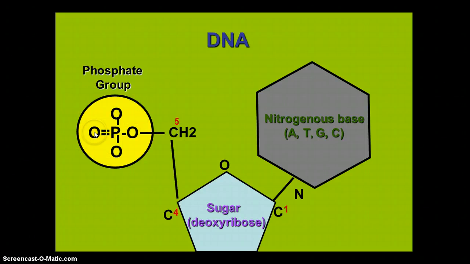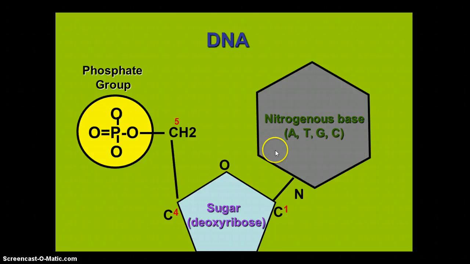But here we have a phosphate group, a sugar, and a nitrogen base. And this nitrogen base can be one of 4. The 4 nitrogen bases are adenine, thymine, guanine, and cytosine. And up until this point, you should have learned that adenine binds with thymine, and cytosine binds with guanine.